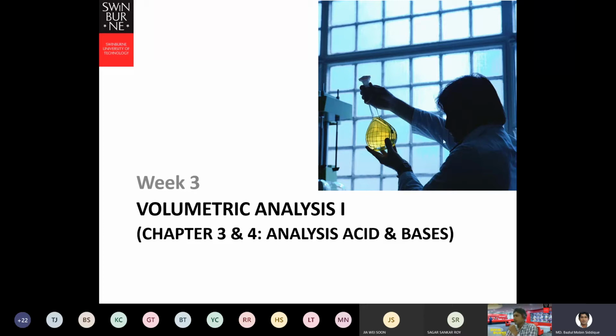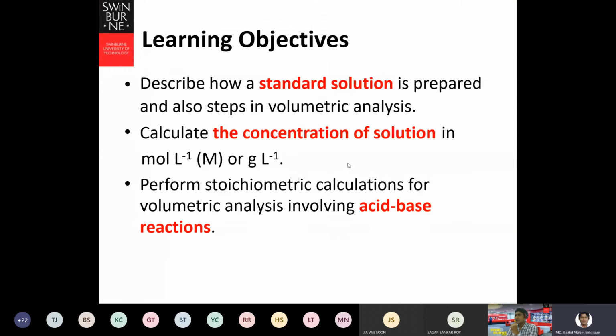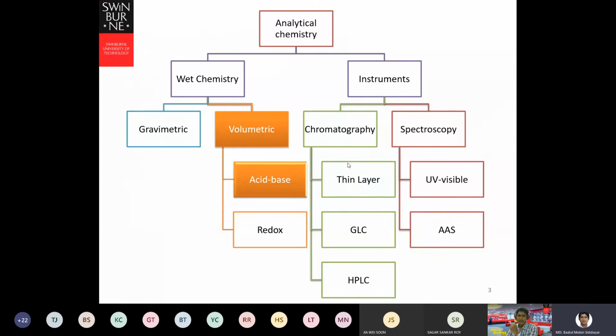Okay, so the first thing we have already seen is that analytical chemistry means how we analyze what material could be here and what compounds this chemical is made of.